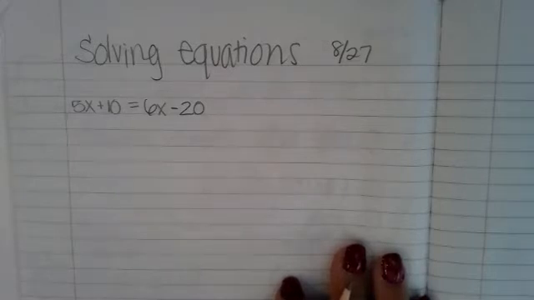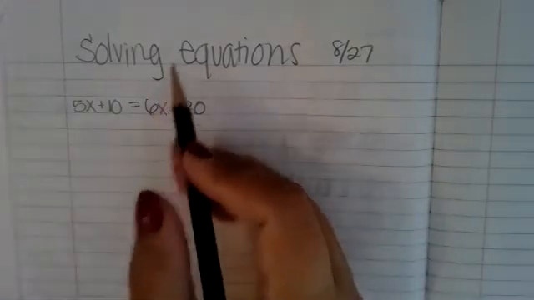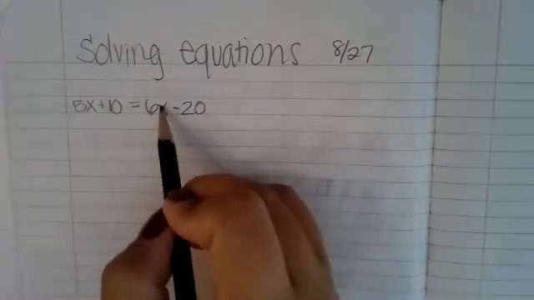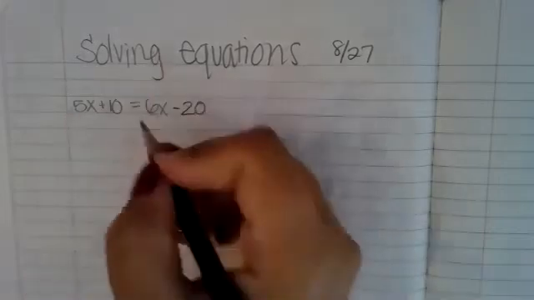So if we're not sure when we look at this, then what we need to do is go ahead and go about solving. And in order to solve, remember, we're trying to isolate the variable onto one side. And in order to do that, we're going to use inverse operations. So I'm going to take my 6x and move it over here so all my x's are on one side.